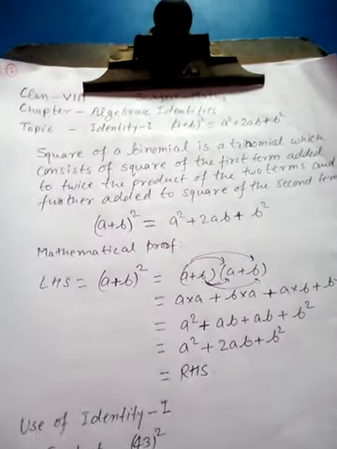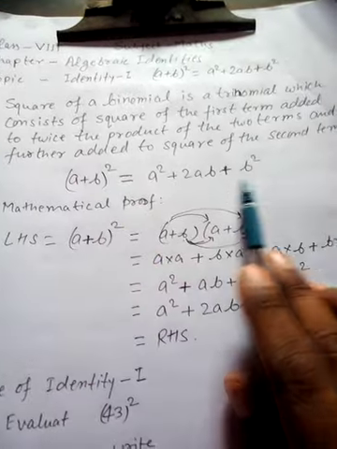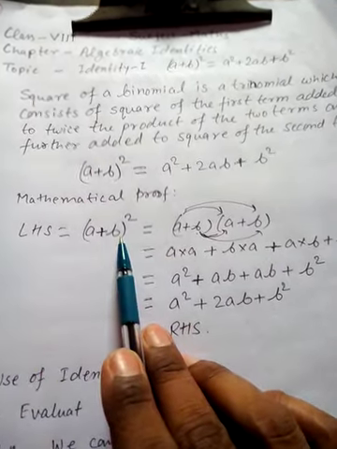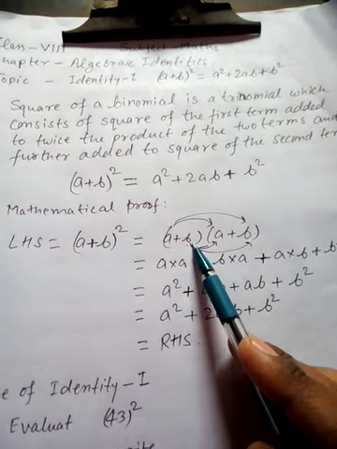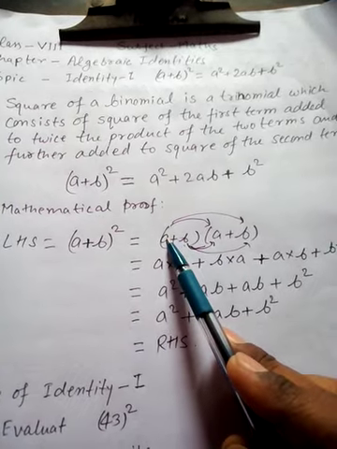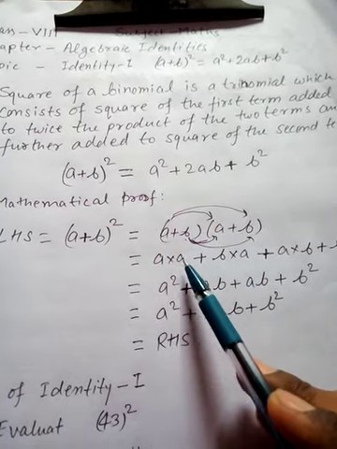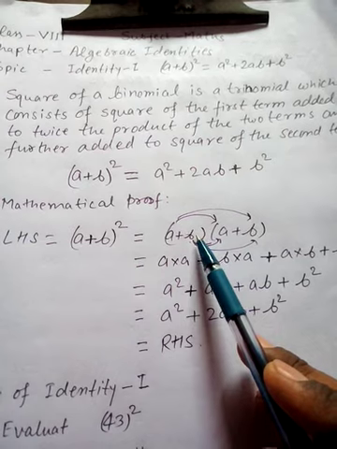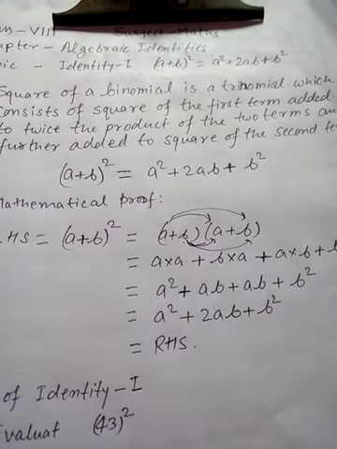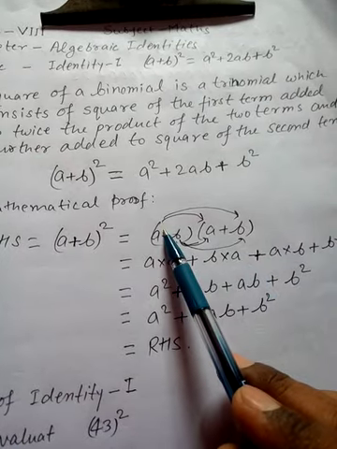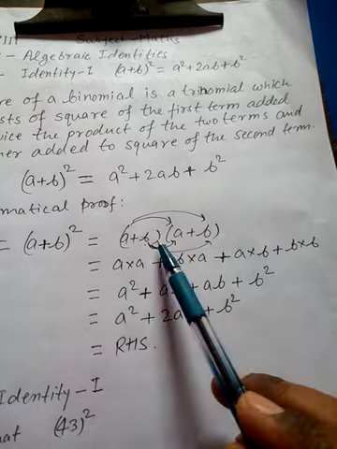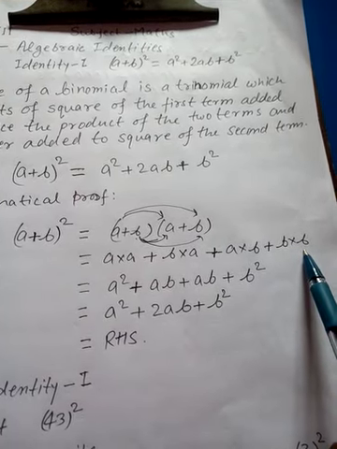Now, for the mathematical proof of this identity, here I am taking LHS (a + b) whole square, which can be written as (a + b) into (a + b). Now we multiply: a into a, plus b into a, plus a into b, plus b into b.